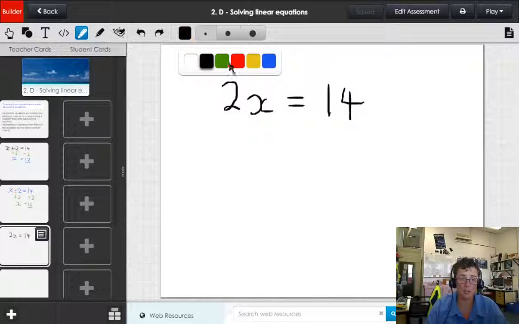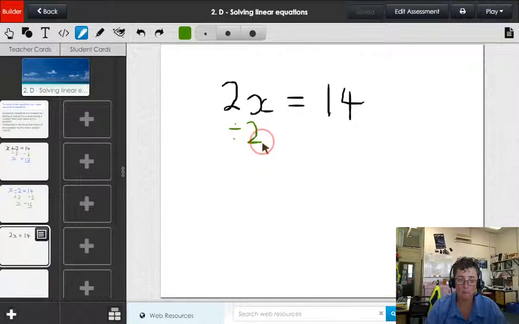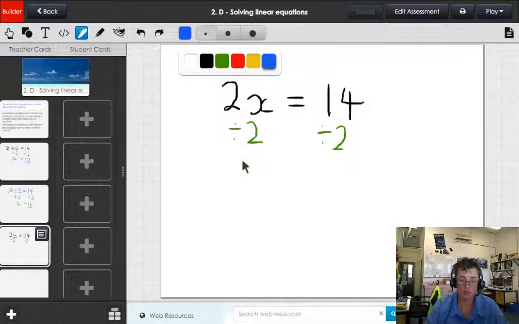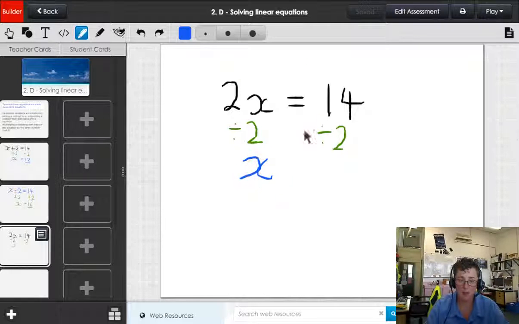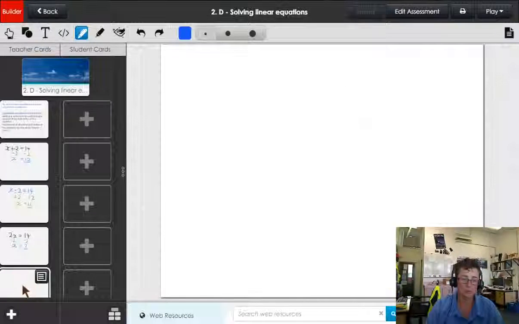What we do is we know it's times, so we divide both sides by 2. 2x divided by 2 leaves us with x, and 14 divided by 2 leaves us with 7. If we substitute that in, 2 times 7 equals 14. Again, our equation is correct.